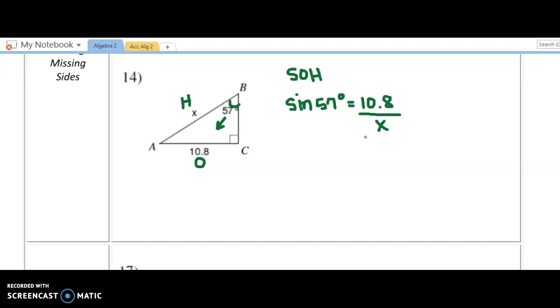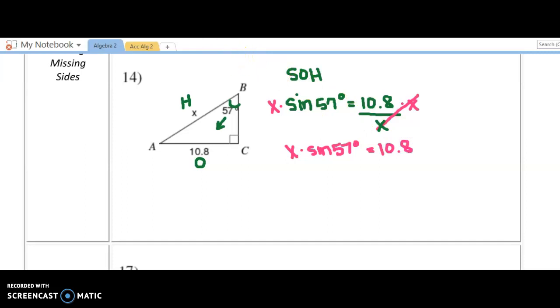Okay, so now what we're solving for is x, and it's in the denominator. So how do we solve for x when it's in the denominator? Well, I'd like x to not be in the denominator, so to undo dividing by x, I'm going to multiply both sides by x. Those x's are going to cancel out. I'm going to have x times sine of 57 degrees equals 10.8.